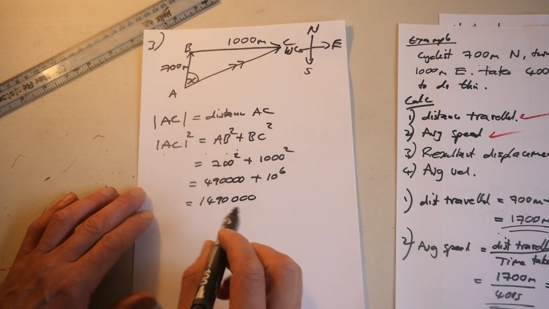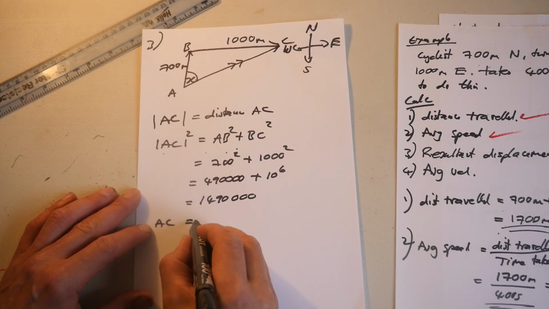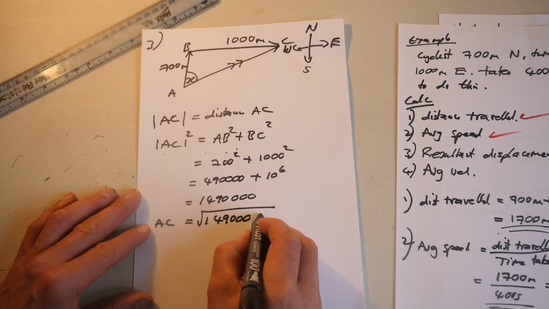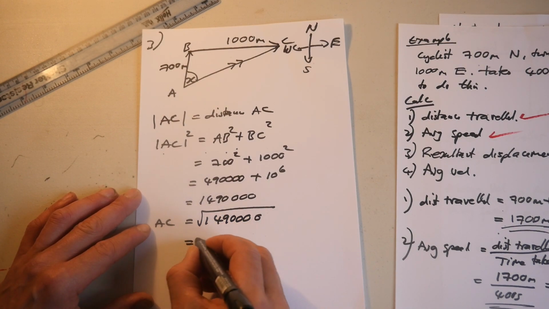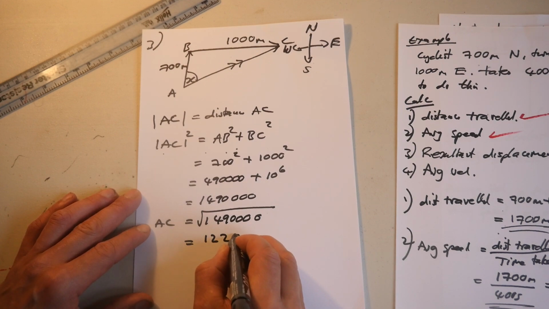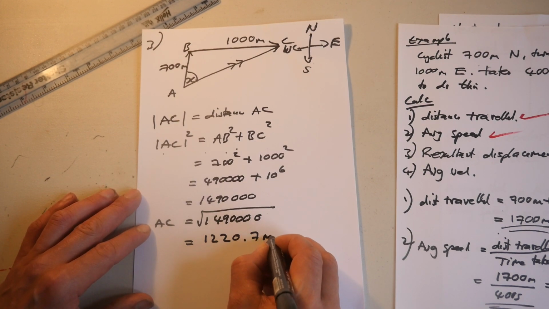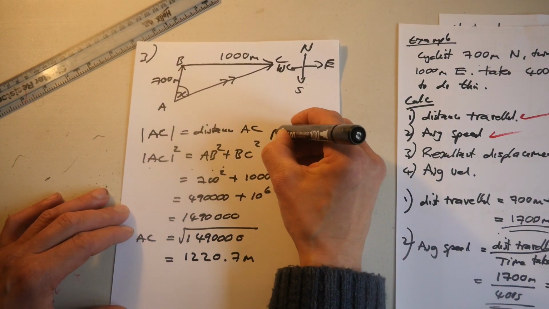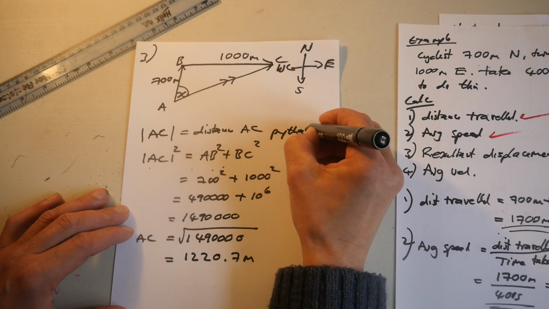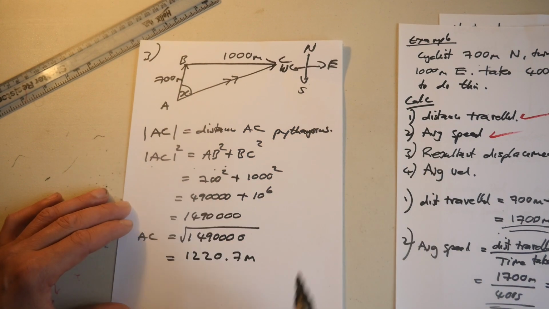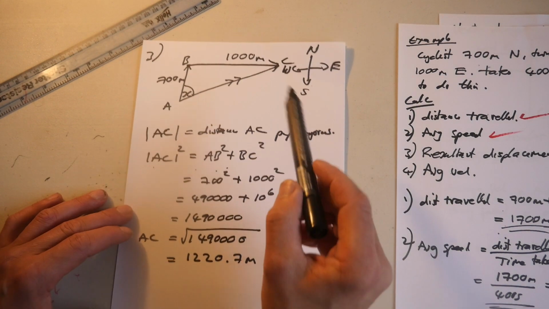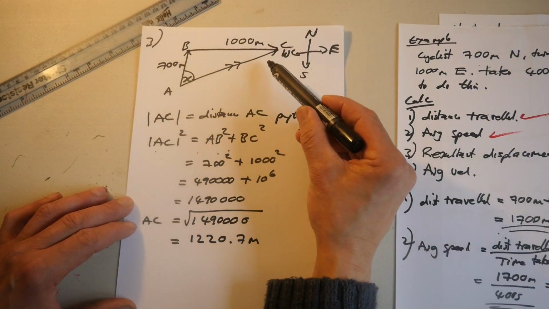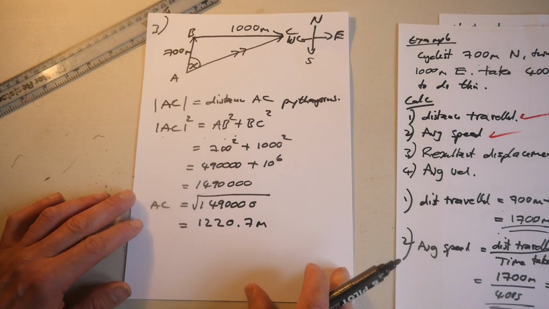So AC equals the square root of 1,490,000, which equals 1220.7 meters. So this is using Pythagoras. It gives you that distance being 1220.7 meters.